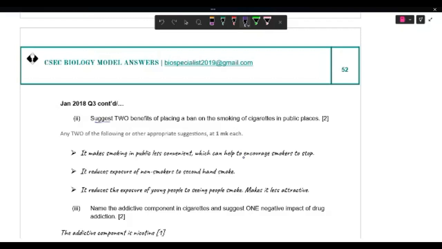It's not as attractive because they have seen that for many young people, like teens and so on, for a lot of them, they started smoking because they saw somebody they admired or they found cool smoking. So if you can remove that coolness factor or reduce the coolness factor, fewer young people will smoke.